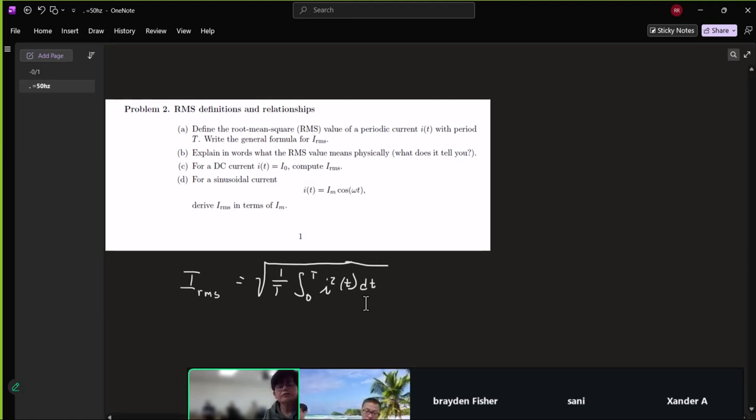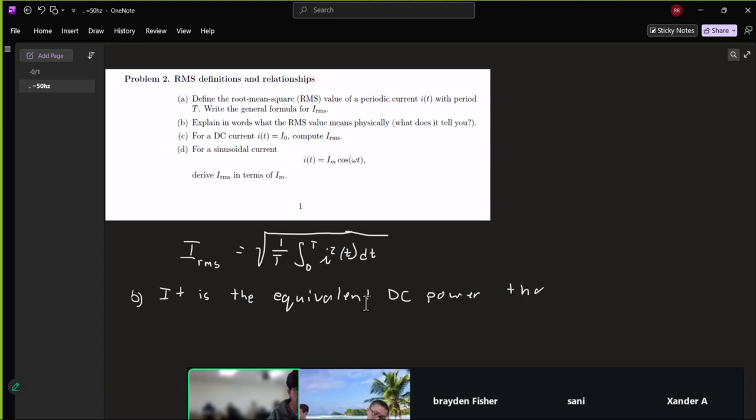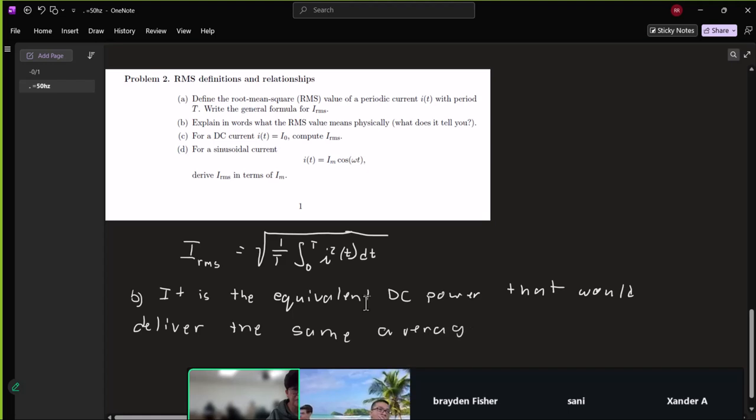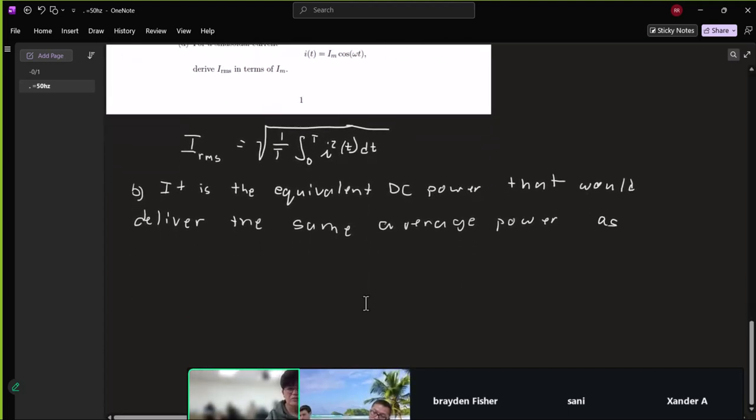Explain in words what the RMS value means physically. What does it tell you? Okay, so it is the equivalent DC power that would deliver the same average power as, I'm sorry, the equivalent DC value, not power value, because I was specifically talking about current here.